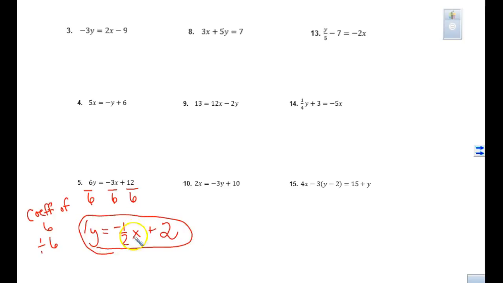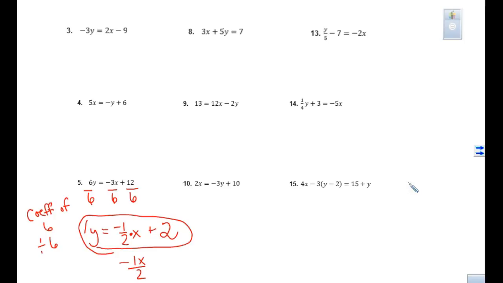Now, I do not want you changing these fractions to decimals. I don't want negative 0.5. And if you wanted to write that as a negative 1x over 2, that would be okay too. But it's better to probably think of it as just the negative 1/2 times x. And the reason that I want you to do that is when we get into our next unit, we are making sure, we're on 13, right?